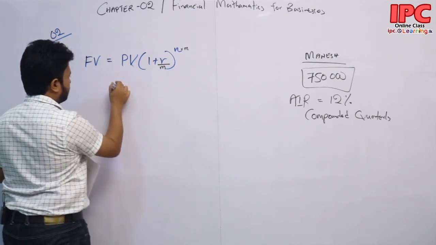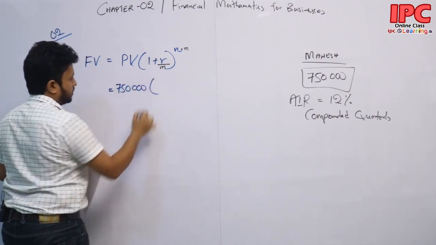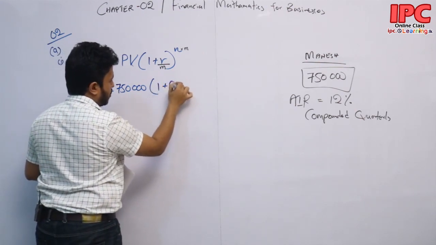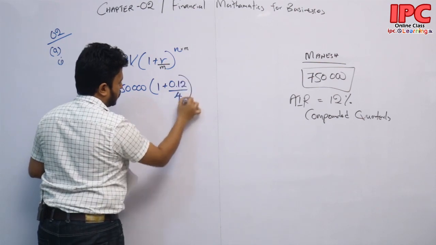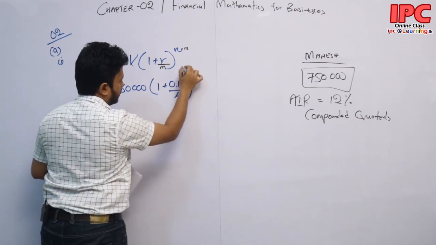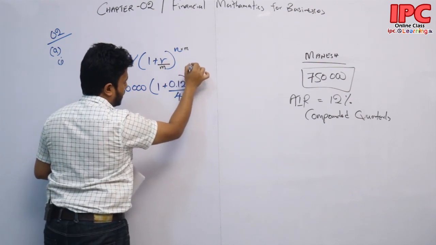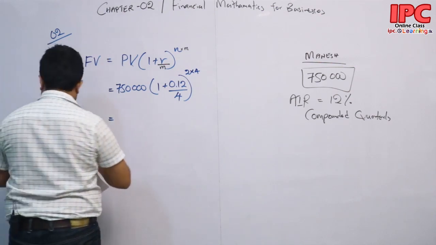So the present value is 750,000 into 1 plus 0.12 divided by 4, to the power of n, which is 2 years multiplied by 4.